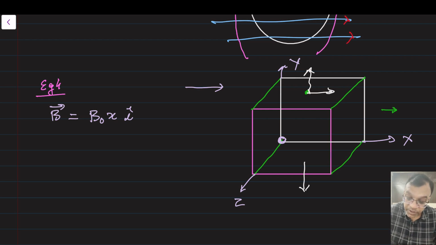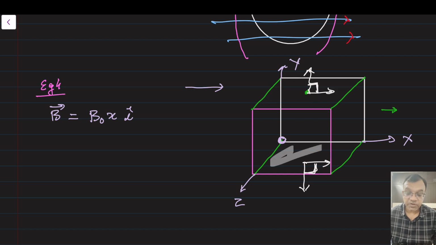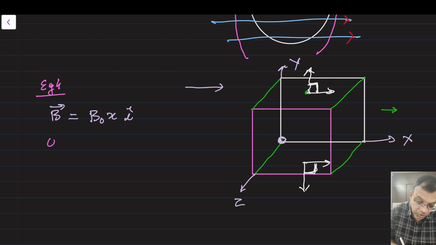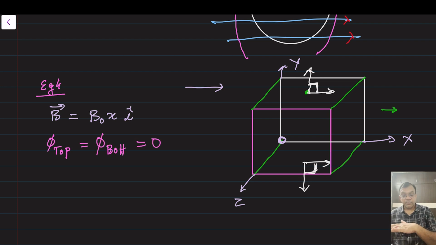These are perpendicular. So the magnetic flux linked with the top surface equals the flux linked with the bottom surface, equal to 0. Top and bottom mean parallel to the xz plane.